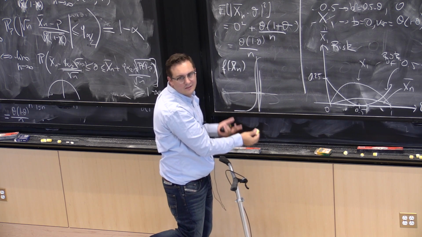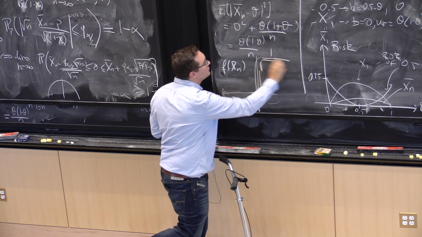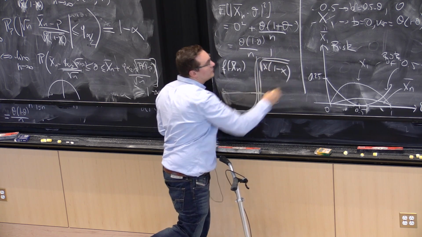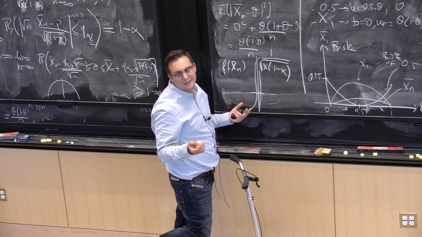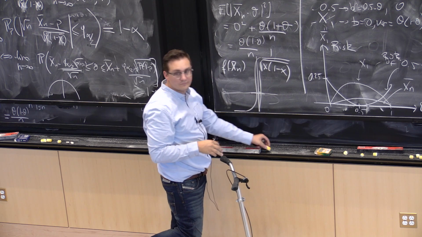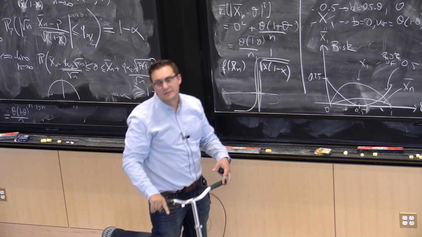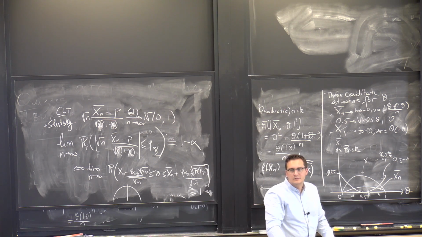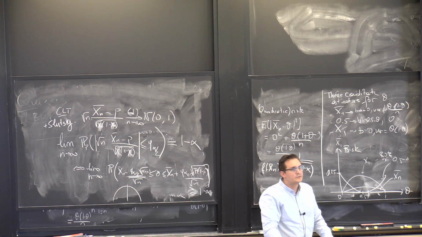So the function you're interested in is 1 over square root of x(1 minus x), right? So what does this function look like around the point where you think p is the true parameter? Its derivative really is what matters. Okay? Any other question?